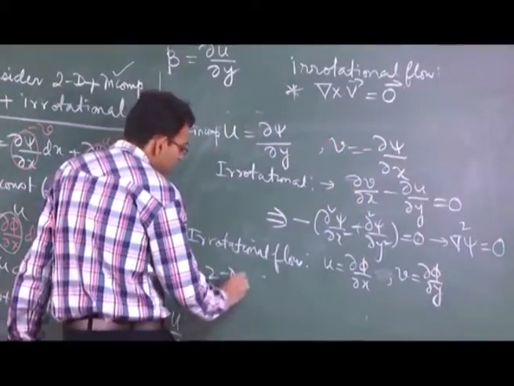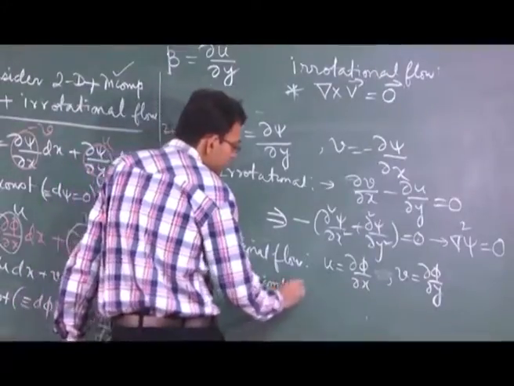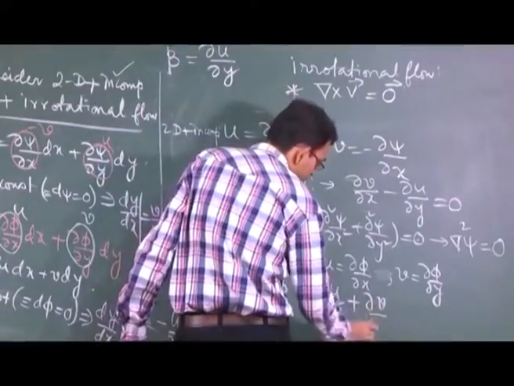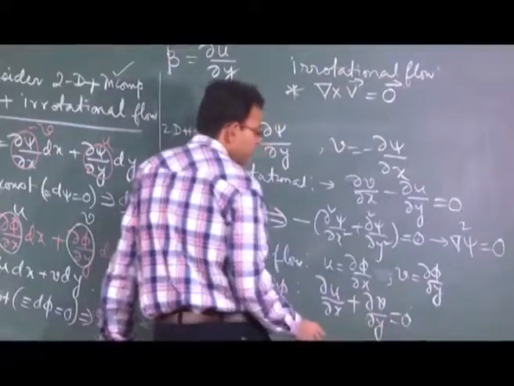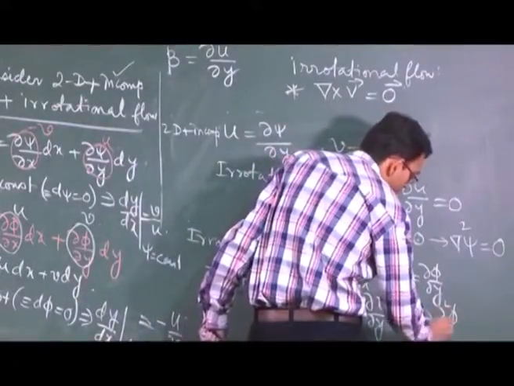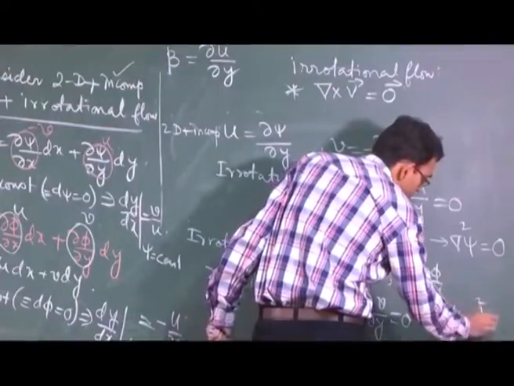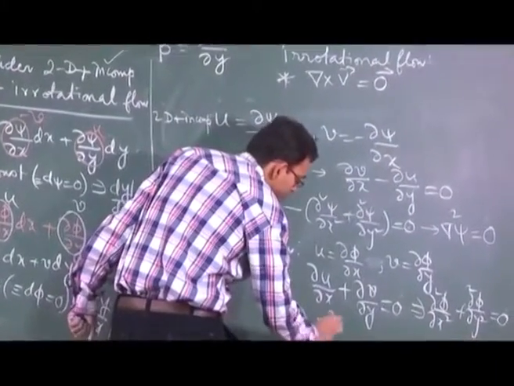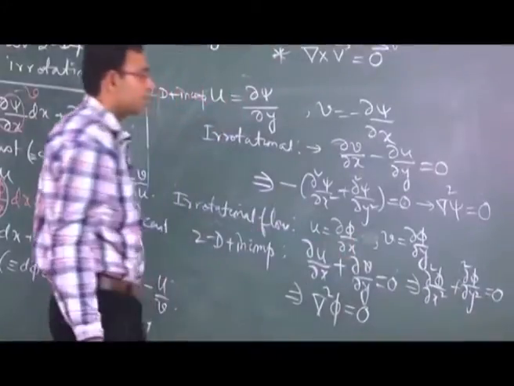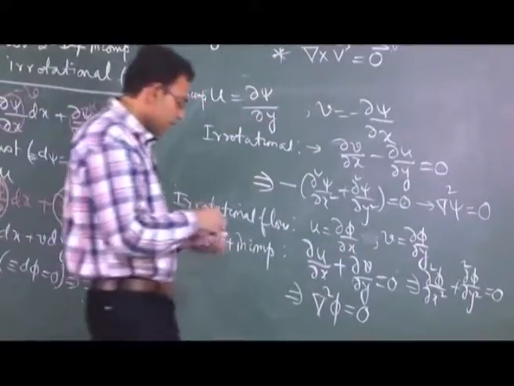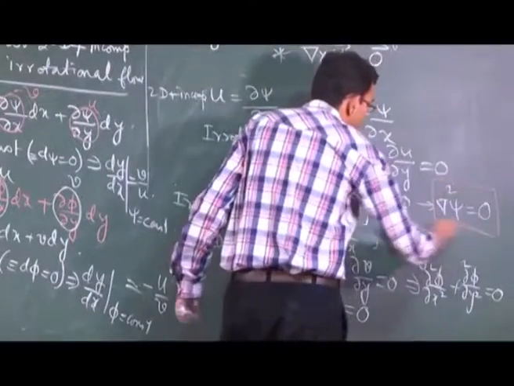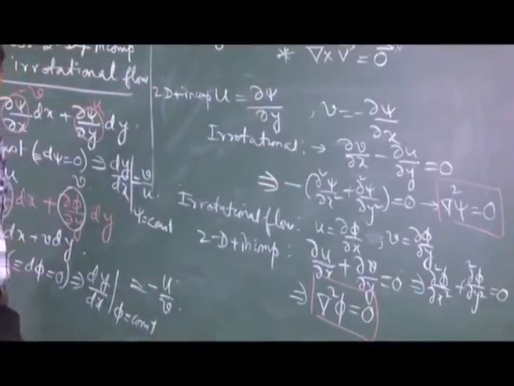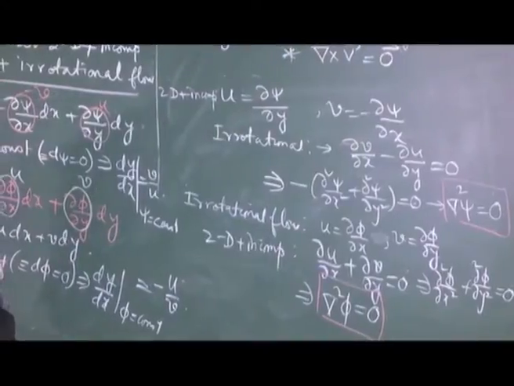for two dimensional and incompressible flow, you have, so that means you have, or in other words, interestingly both phi and psi, when they are defined simultaneously, that is, two dimensional incompressible and irrotational flow, will satisfy the Laplace equation.